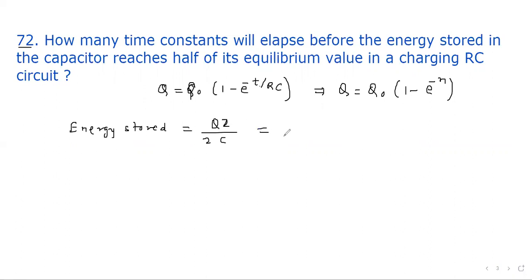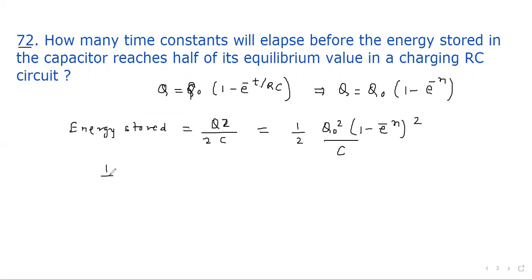So, Q square upon 2C will be equal to Q0 square times 1 minus e to the power minus n whole square, divided by 2C. Now this value is half of the equilibrium value.